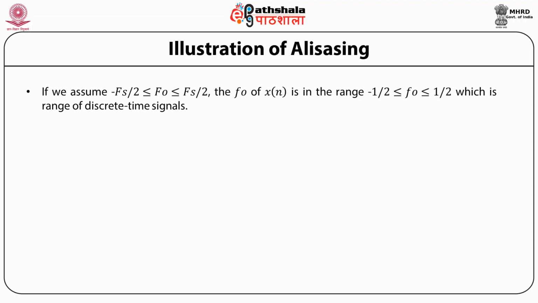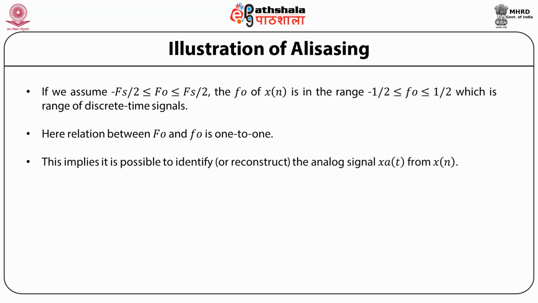If we assume capital F naught varies from minus Fs by 2 to plus Fs by 2, the small f naught of x(n) is in the range of minus half to plus half, which is the range of discrete time signals. So here, the relation between capital F naught and small f naught is one to one. This implies that it is possible to identify or reconstruct the analog signal xa(t) from x(n).